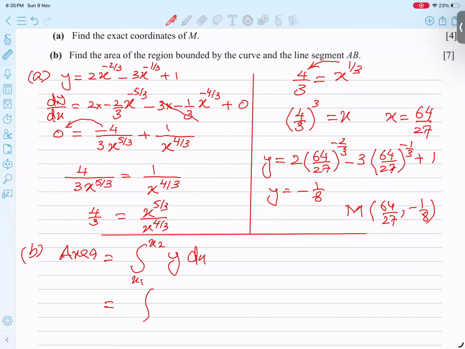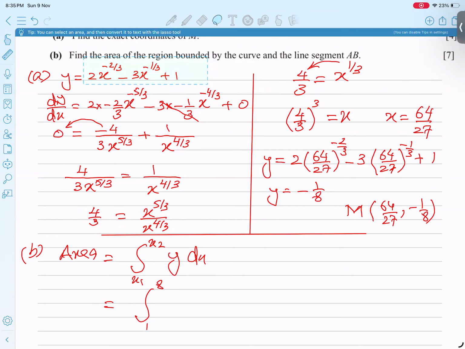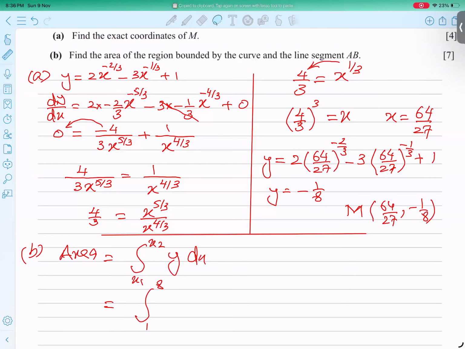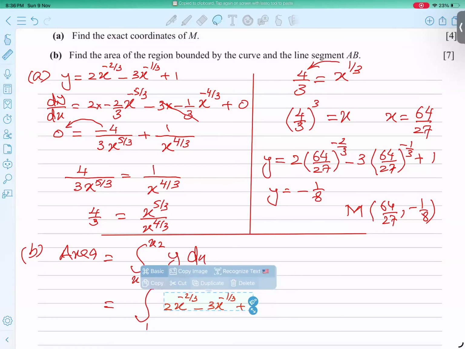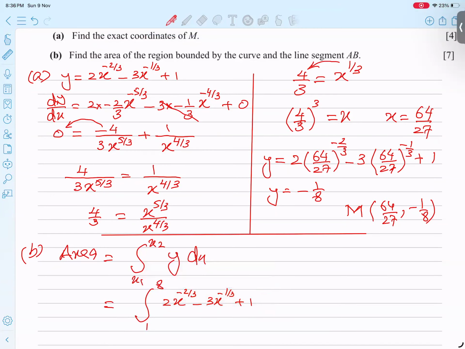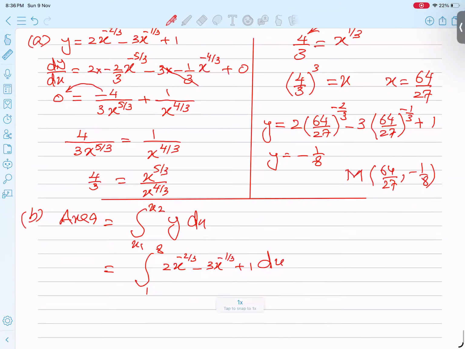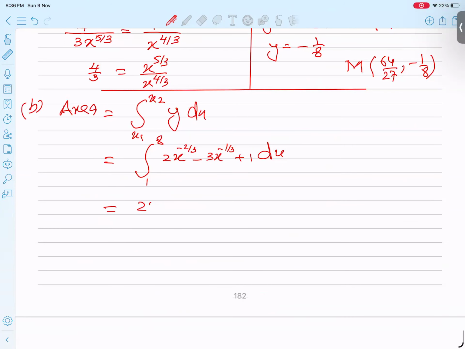So lower limit is 1, upper limit is 8, and I'm going to copy the expression from here and paste it here with dx. Now I'm going to integrate. The basic rule is to increase the power by 1.